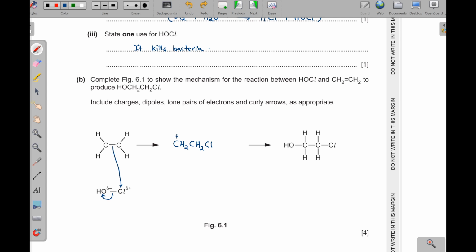Now, when this one breaks off from here, it becomes completely negatively charged. Then you put a lone pair on the oxygen and give it to this carbon, and it will come here as the OH, and that will be your final product.